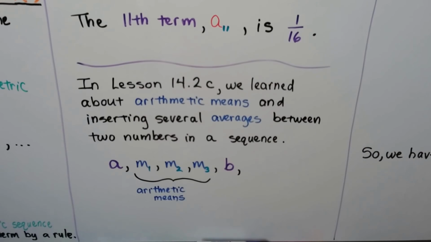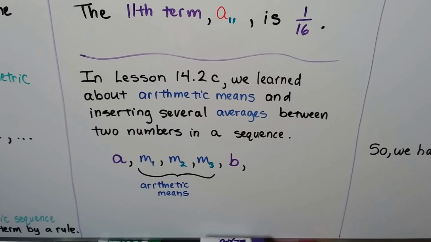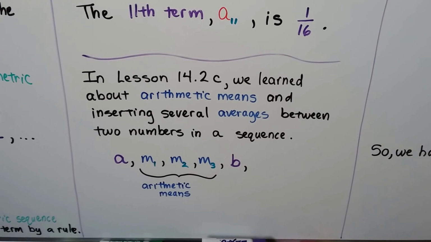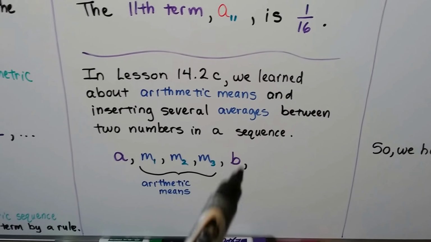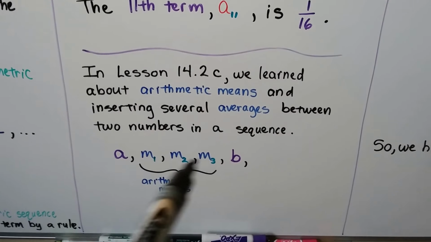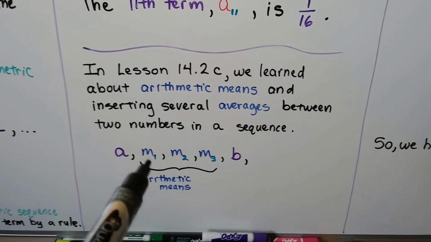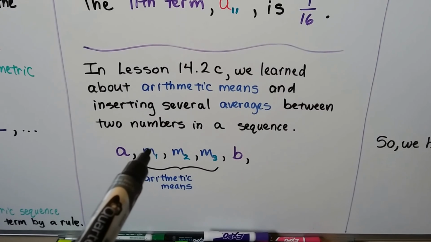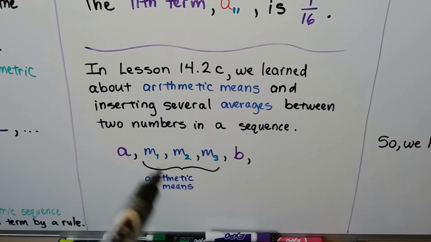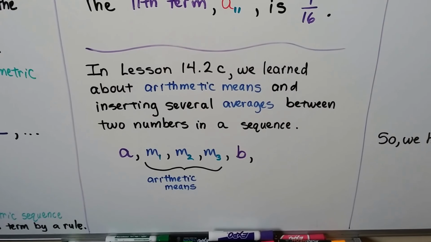Back in lesson 14.2c, we learned about arithmetic means and inserting several averages between two numbers in a sequence. So we have two numbers, a and b, and we stuck some means, some averages, in between them. So we had m sub 1, m sub 2, m sub 3 that we stuck in between them. We learned how to do that.